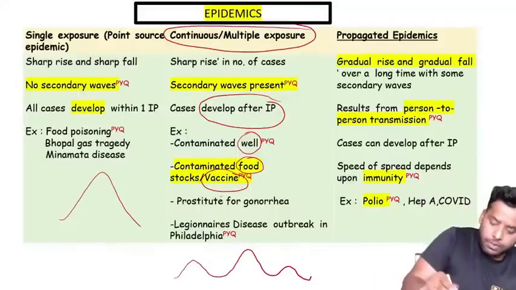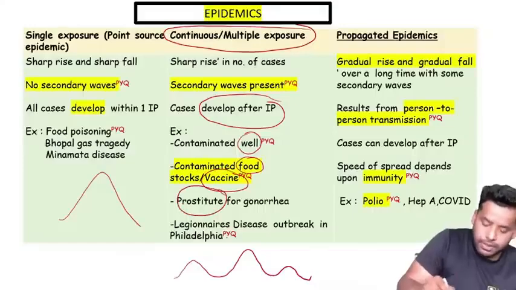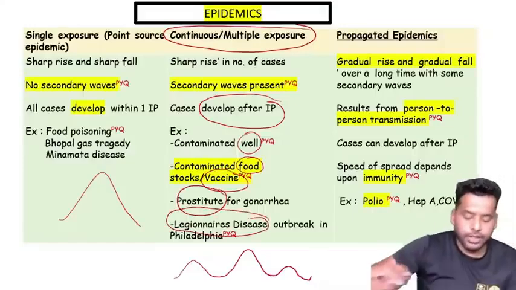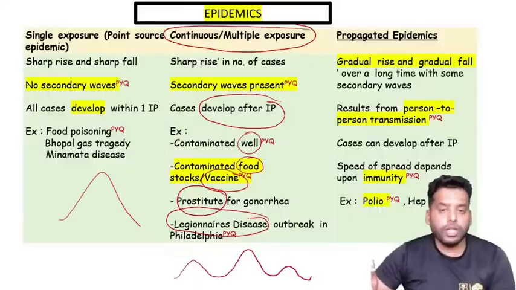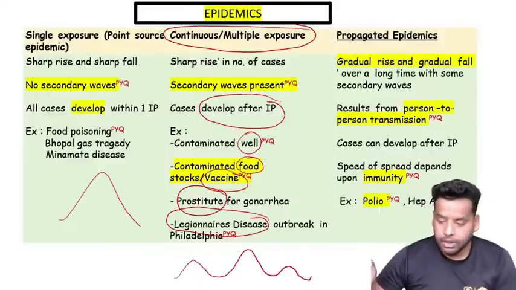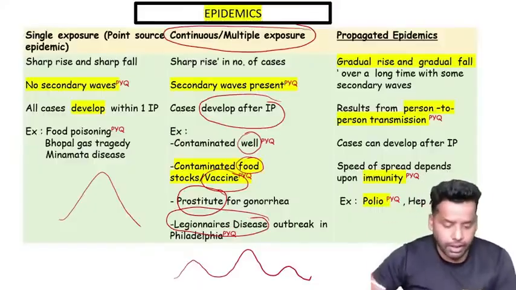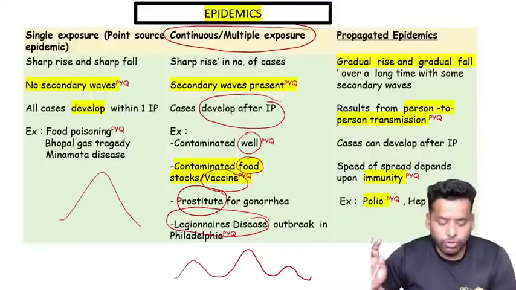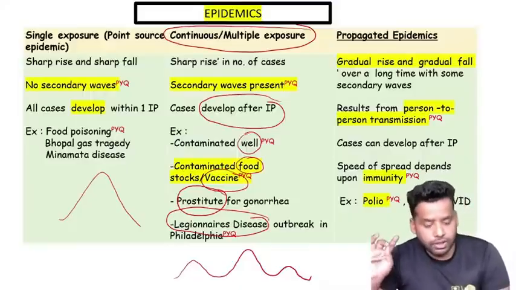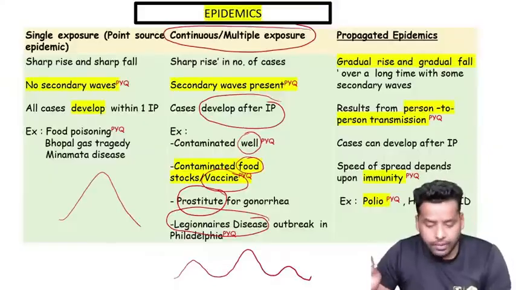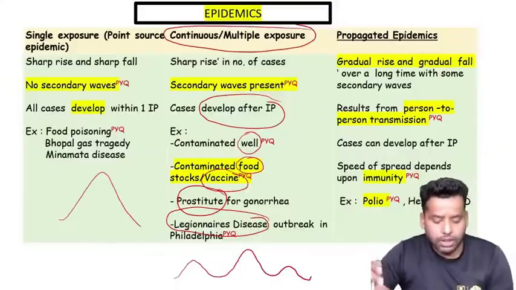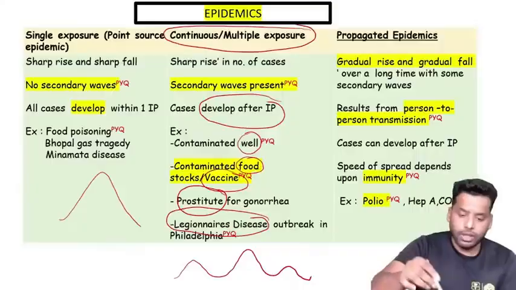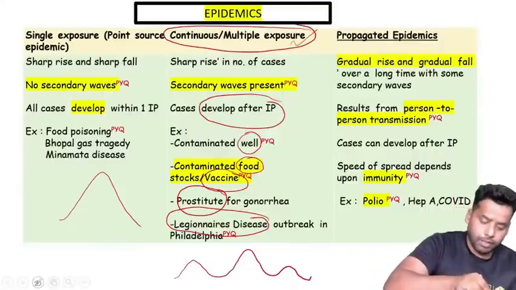Food handlers, prostitutes, everything will come in this. Legionnaires disease: there was a water fountain which was contaminated, spreading the illness continuously. Contaminated food stocks, vaccine stocks, well, prostitutes or Legionnaires disease, everything will come under multiple exposure epidemics.